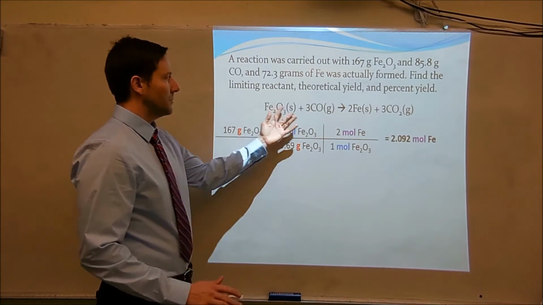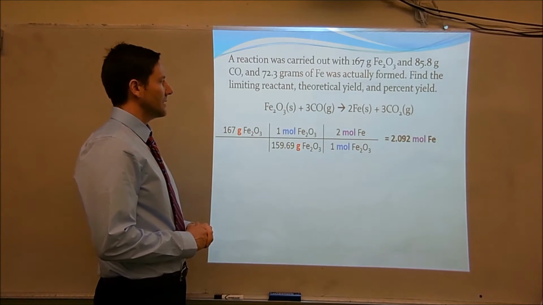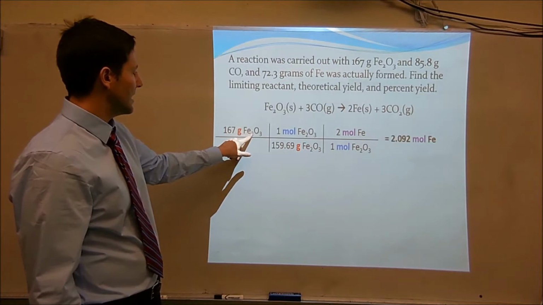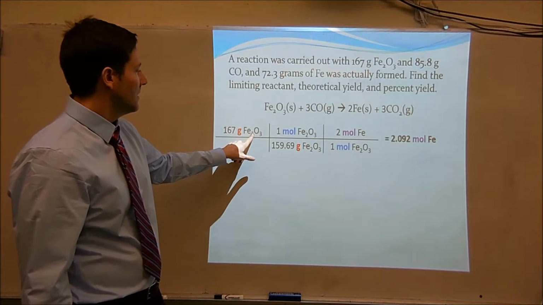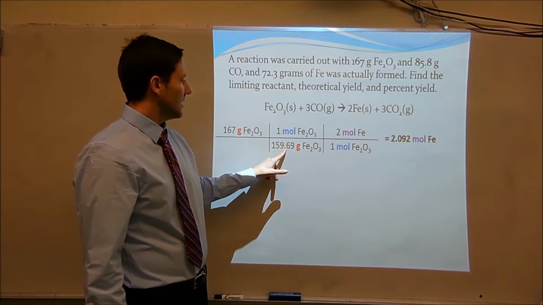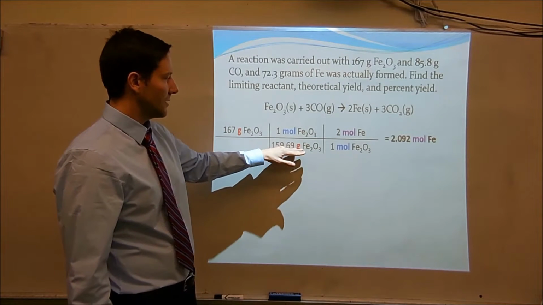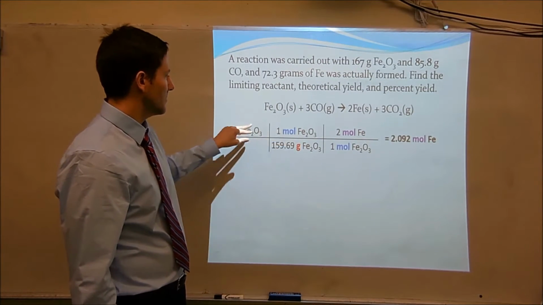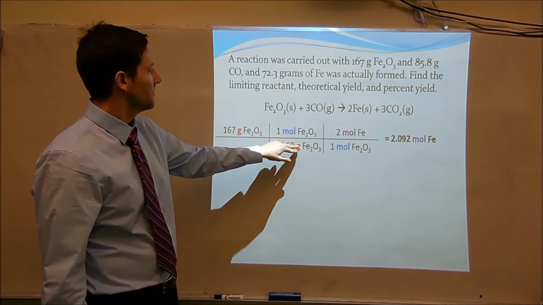Start with, you just pick either of those reactants to begin with. The question said you had 167 grams of iron(III) oxide. This information is from the periodic table. Iron(III) oxide is 159.69 grams per mole. There's its molar mass. Grams goes on the bottom, so that unit cancels.